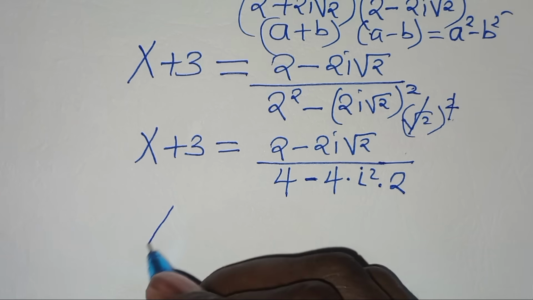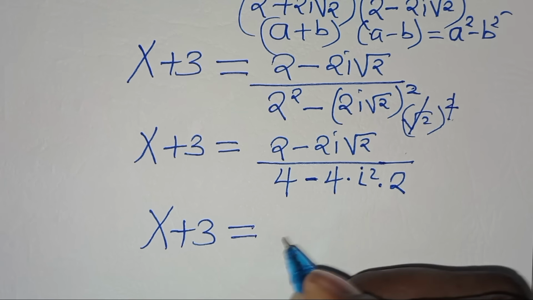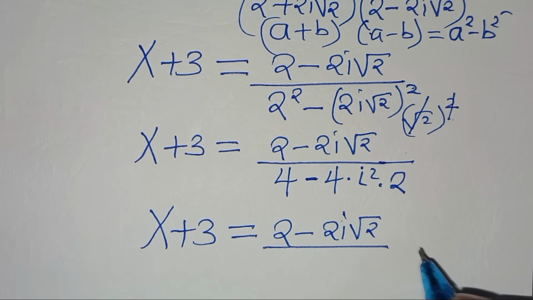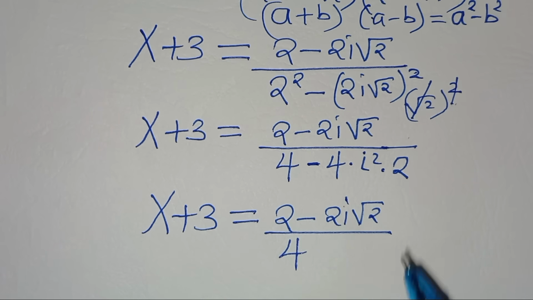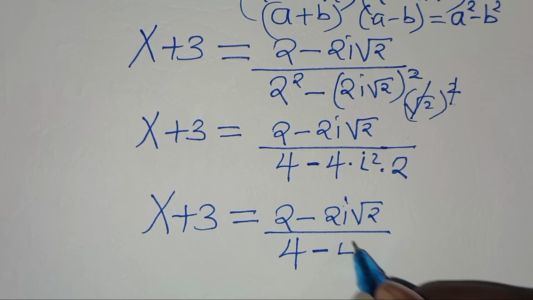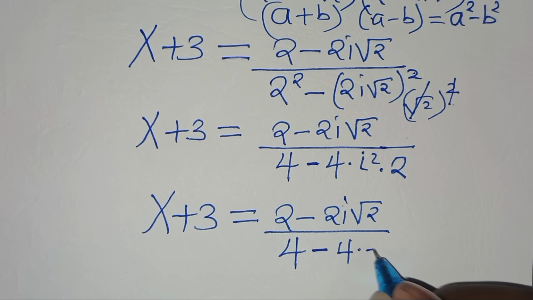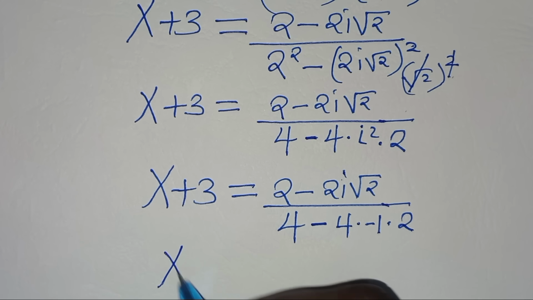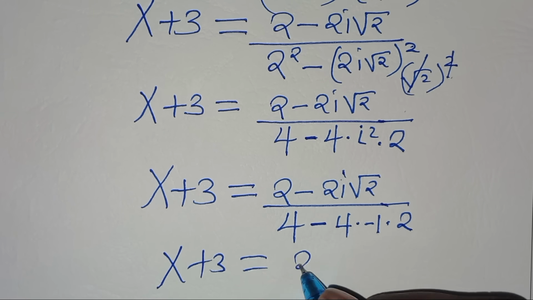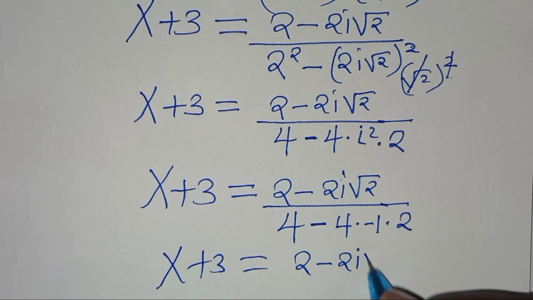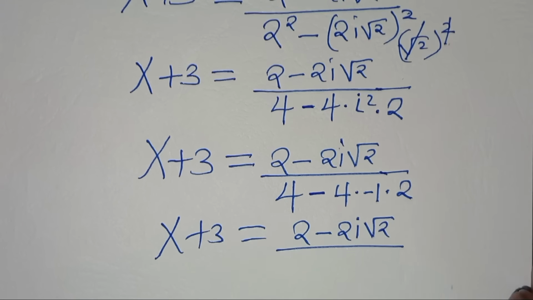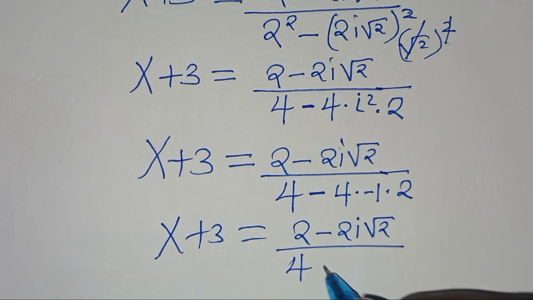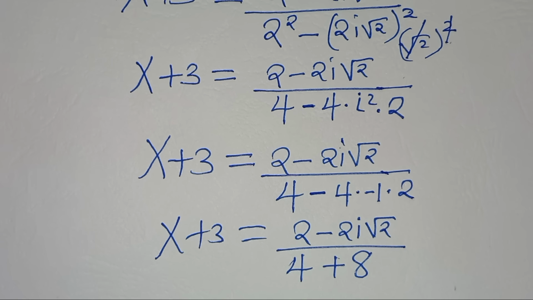So x plus 3 is equal to 2 minus 2i square root of 2 divided by 4 minus 4 times i squared, this is negative 1, then multiplied by 2. So we have 4, minus 4 times minus 1 times 2, this is plus 8.